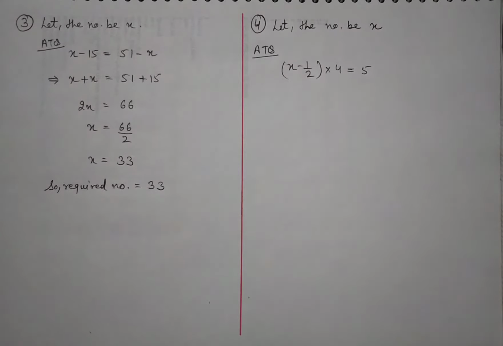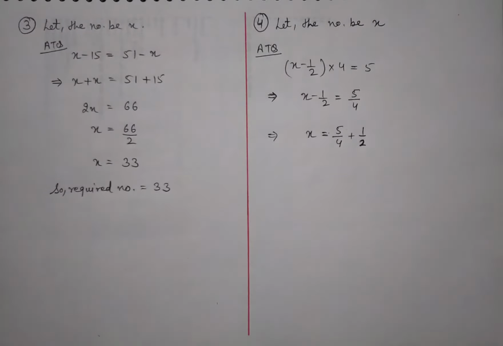Now we are going to solve it, and for solving we will very first of all transpose this 4 on the RHS. Now we will transpose minus 1 by 2 on the other side, and we get 1 by 4 plus 1 by 2. Now we are going to add these two, and we get 7 by 4 as the answer. So the required answer is 7 by 4.